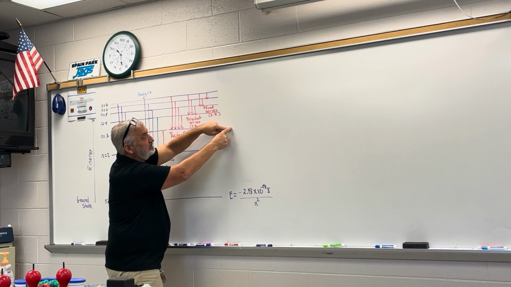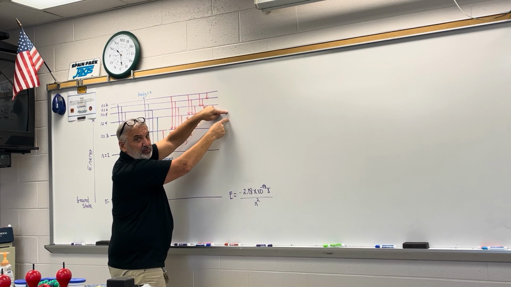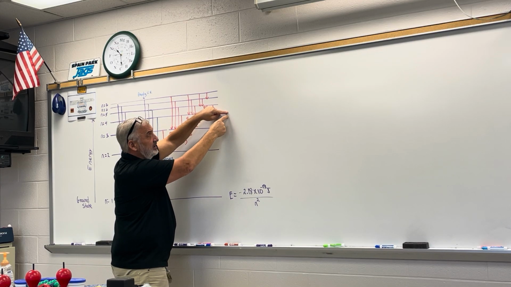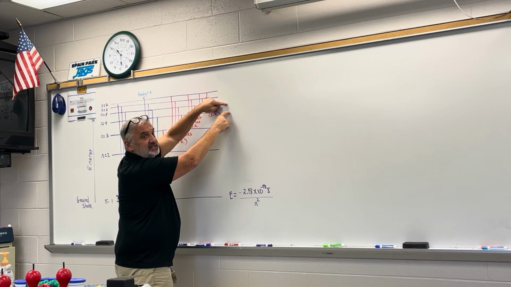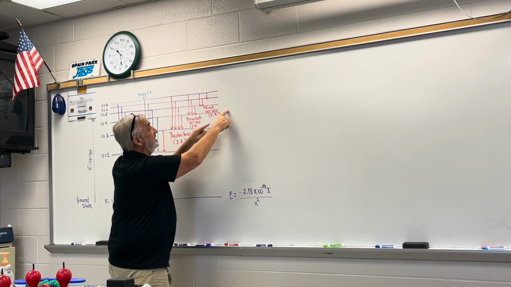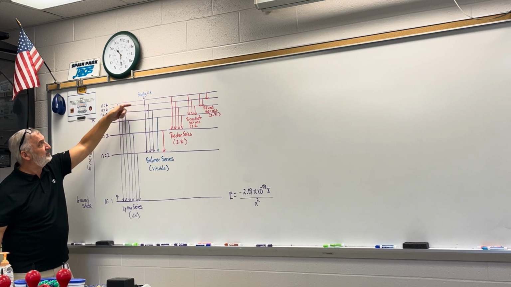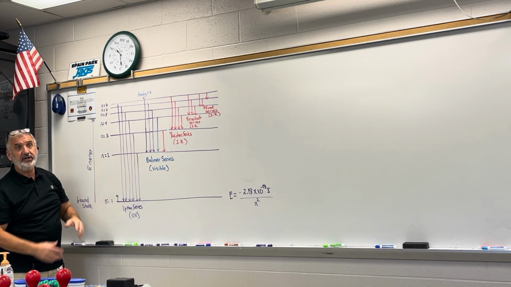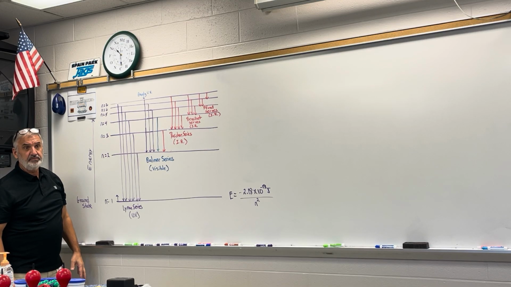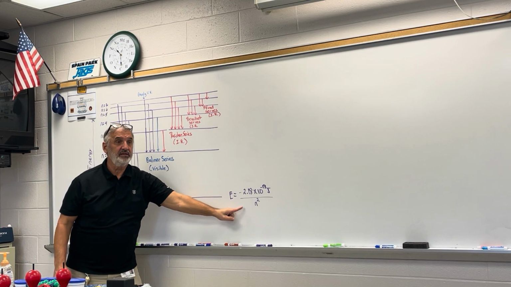Then if I divide this by 9 and this by 4 squared, which is 16, now I'm not even 2 times, only 1 point something times difference. Then 4 squared and 5 squared, 16 and 25. The difference in energy based upon this math gets less and less. So it's not like I ran out of room. The energy levels get closer and closer to one another. That's why they're not evenly spaced. It's just a math thing.